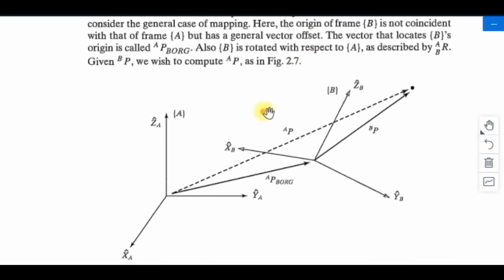So the mapping involves three parts. First part is a reference, that is here the reference coordinate system, the body attached coordinate system. So when the body attached coordinate system is transposed to the point, means its origin is transposed here.